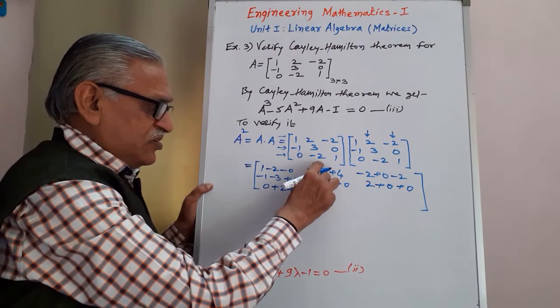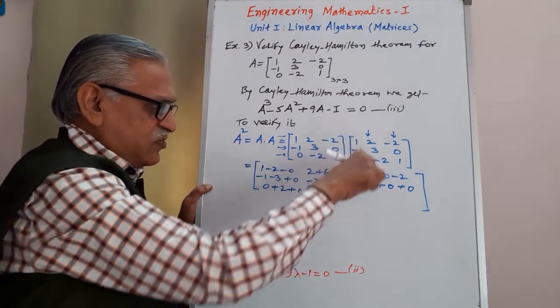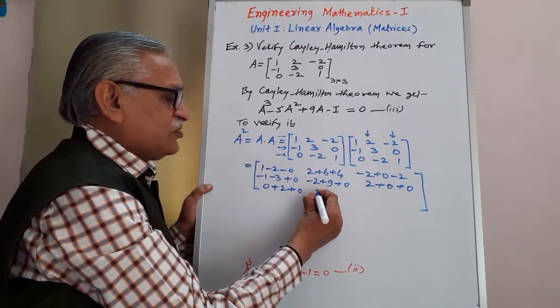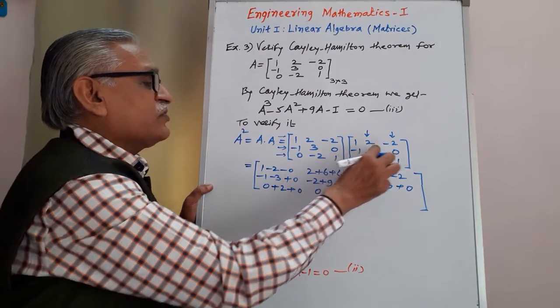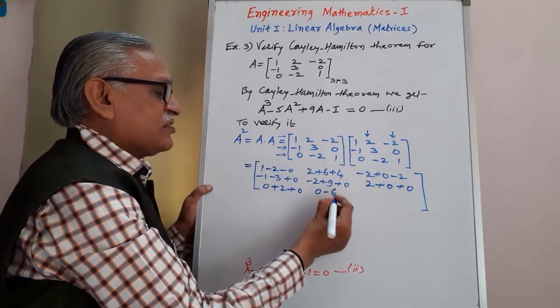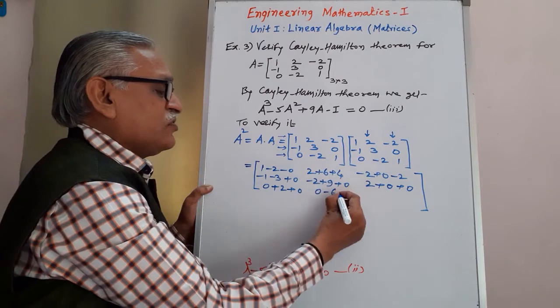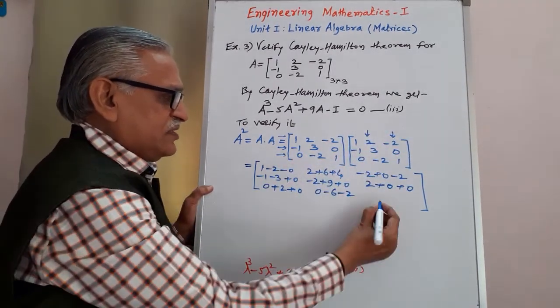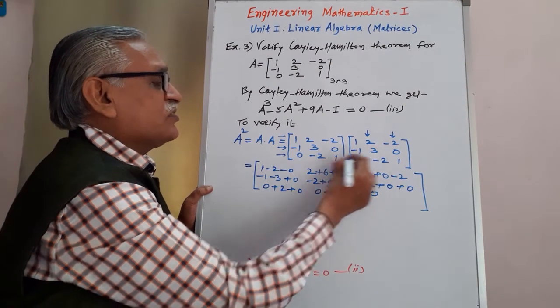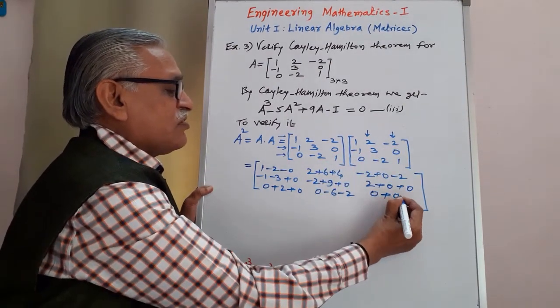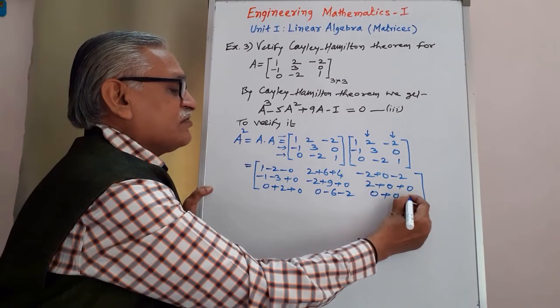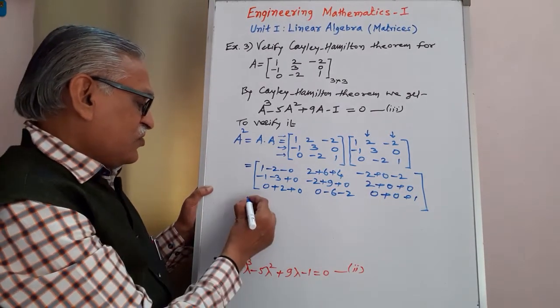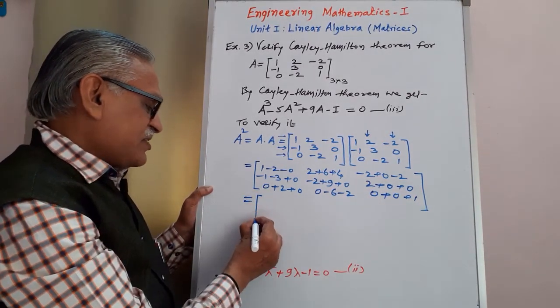Then by this third row to the second column, 2 into 0, 0, minus 2 into 3, minus 6, 1 into minus 2, minus 2. Then by this to last column, 0, 0, and plus 1.